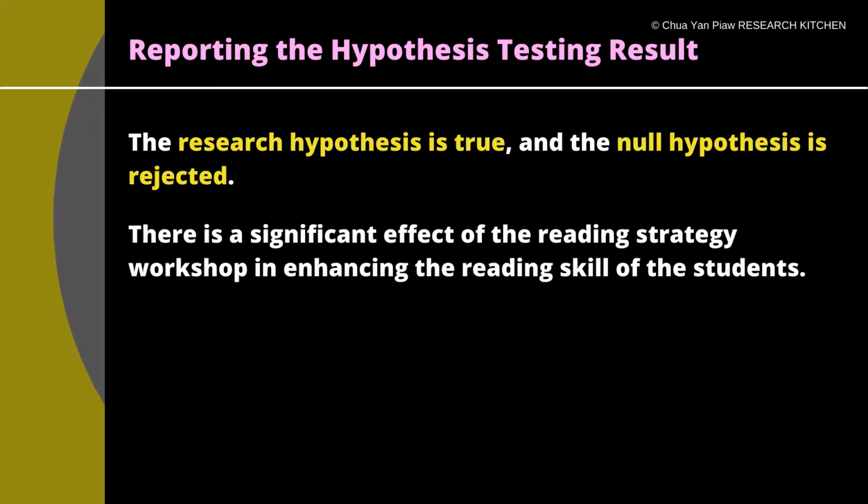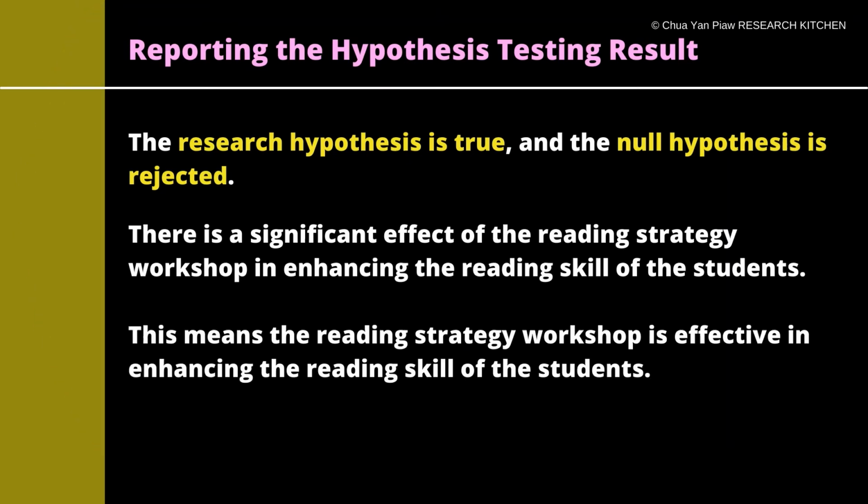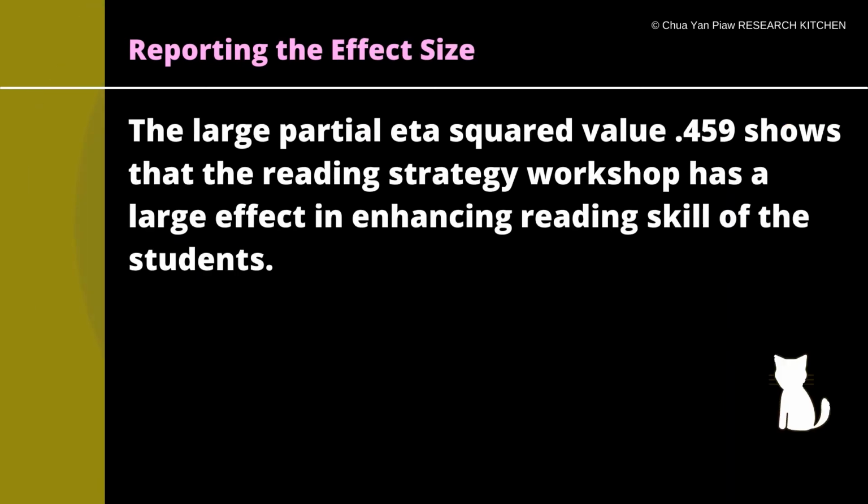There is a significant effect of the reading strategy workshop in enhancing the reading skill of the student. This means the reading strategy workshop is effective in enhancing the reading skill of the student. The large partial eta squared value 0.459 shows that the reading strategy workshop has a large effect in enhancing reading skill of the student.